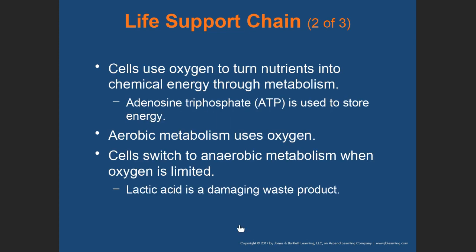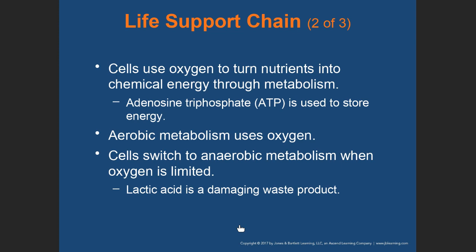Cells use oxygen to turn nutrients into chemical energy through metabolism. And when that occurs, we get adenosine triphosphate, right, which is used to store energy. Once we have enough oxygen available, enough energy will be produced to be stored for metabolism.